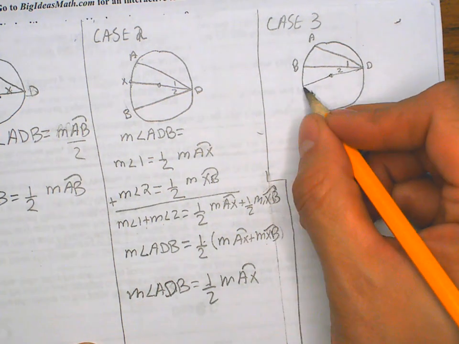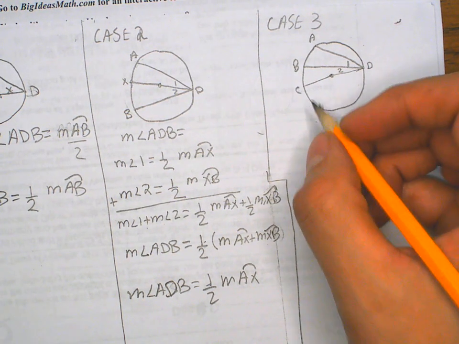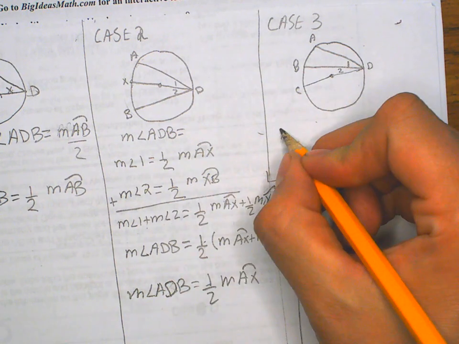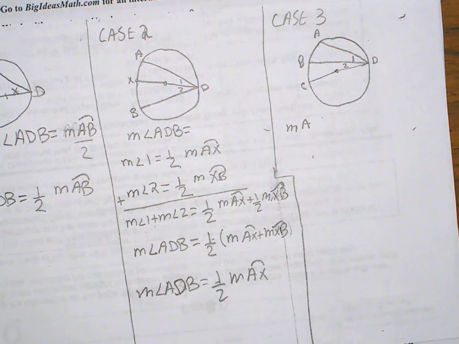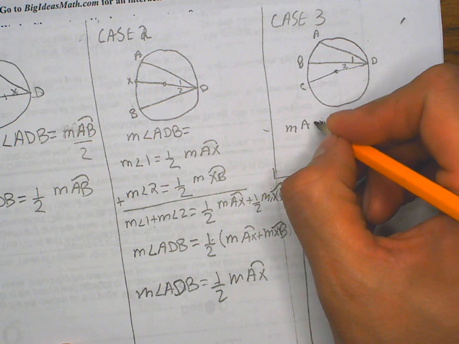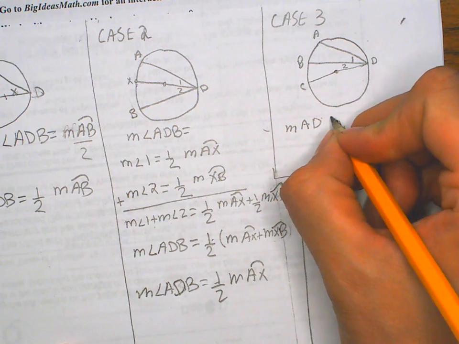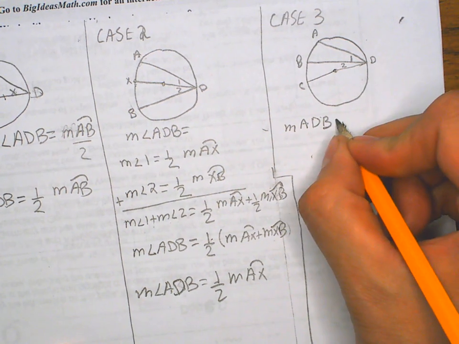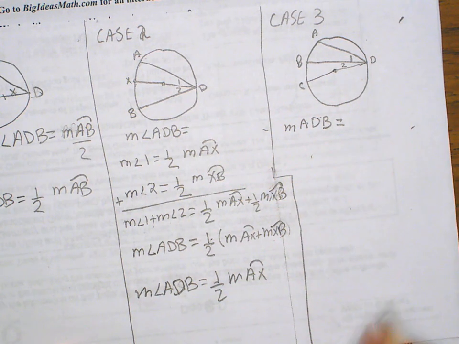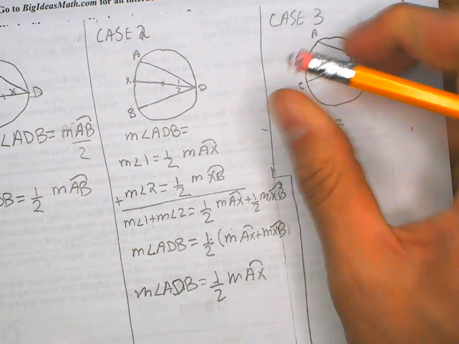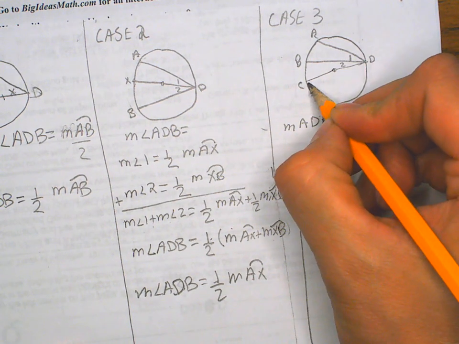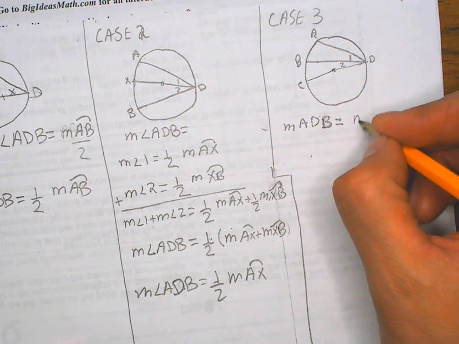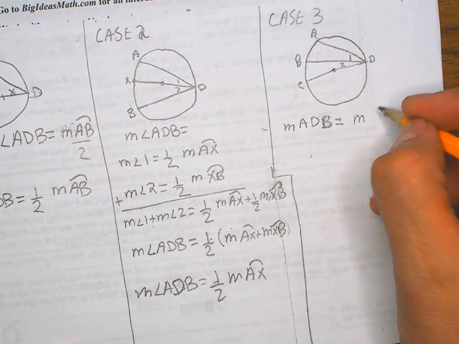By the way, I'll call this one here C. Based on what we just learned, we have the measure of angle ADC equals 1/2 the measure of arc AC.